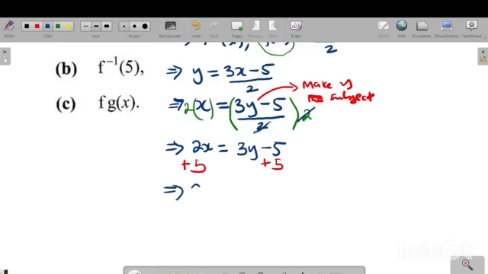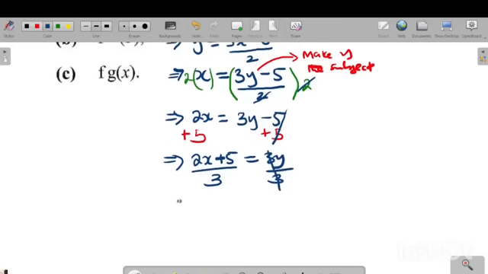So meaning we're going to have 2x plus 5 is equal to 3y, then this is now a 0. So for us to make y the subject of the formula, we're going to divide through by a 3, like this. Then 3 cancels. What is going to remain is 2x plus 5 over 3 is equal to y.